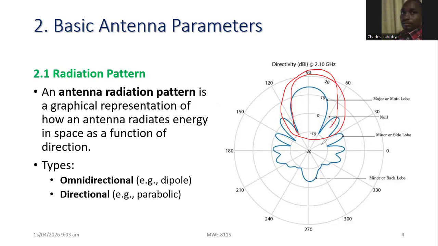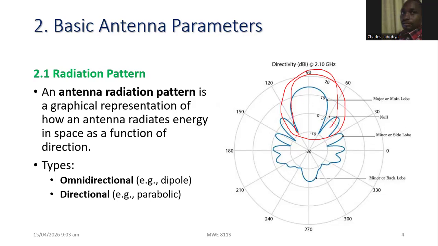But there are these other small radiations, including the back radiation, which is known as the back lobe. The small side radiations are called side lobes. And then you've got the main direction, the main representation of where this antenna is intending to radiate some energy.